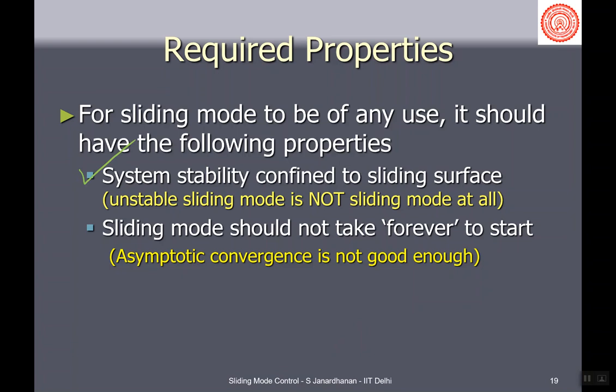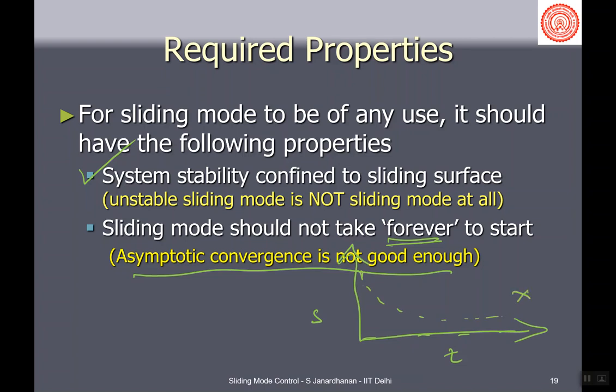the second requirement is that the sliding mode should not take forever to start. So asymptotic convergence is not good enough. That is, if I plot the graph of time versus the sliding surface, it should not look like this.